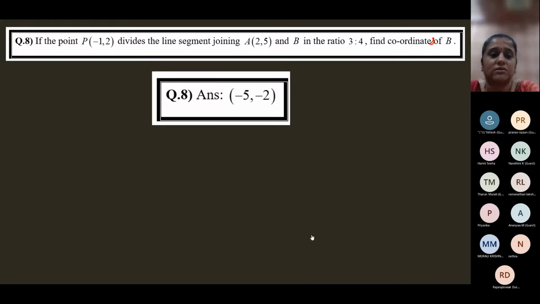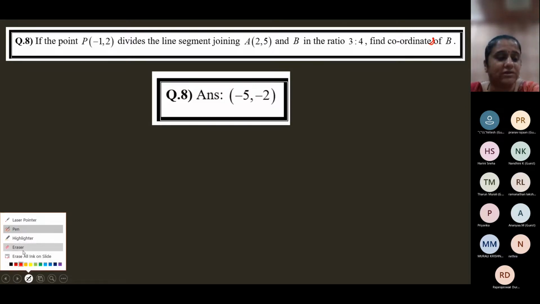So Netra, use the distance formula and tell me. Oh, sorry, section formula. Tell me how to work this.